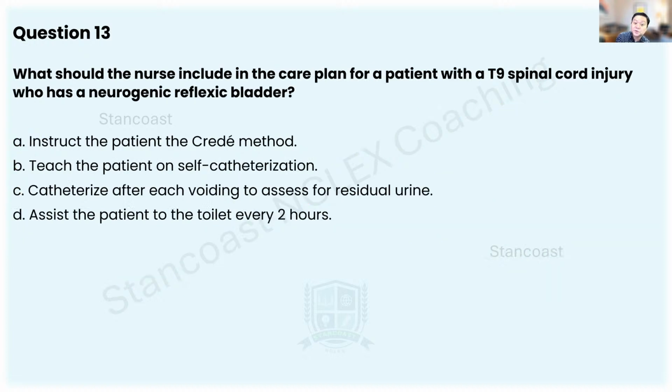Let's have number 13. What should the nurse include in the care plan for a patient with a T9 spinal cord injury who has a neurogenic bladder? Neurogenic reflexic bladder.